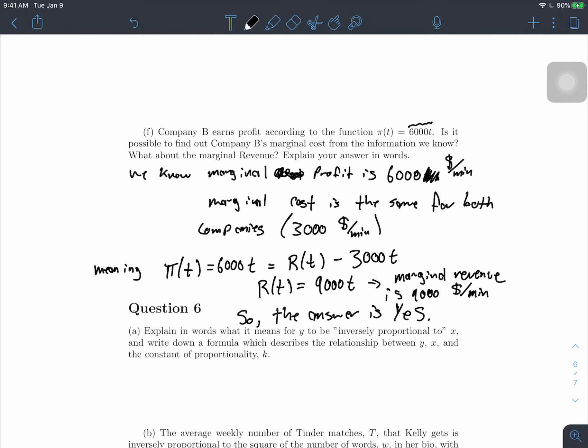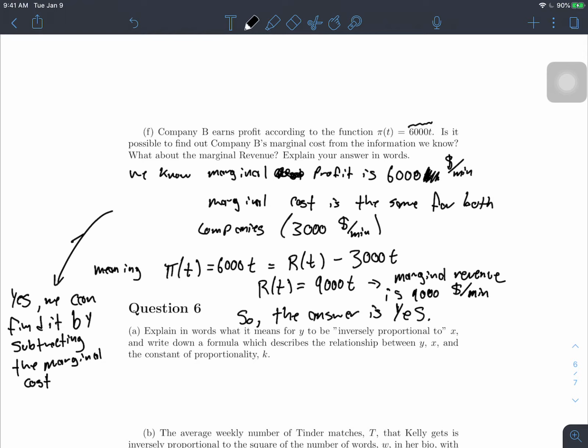So if I wanted to explain my answer in words, I guess I would say, yes, we can find it by subtracting the marginal cost from the marginal profit.